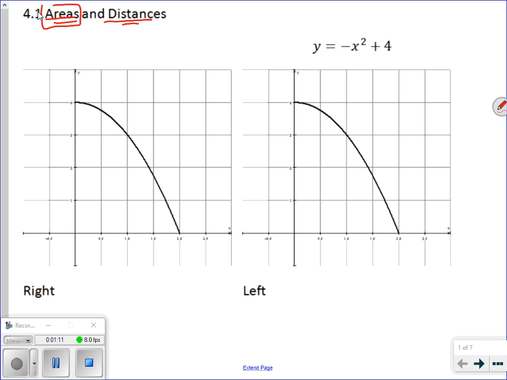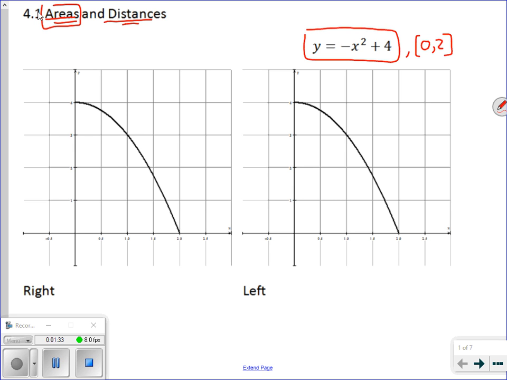But I want you to think about it. Like in this example here, we're looking at the equation y equals negative x squared plus 4. I got it written down twice. And what I'm wanting us to do is find the area on the interval 0 to 2.